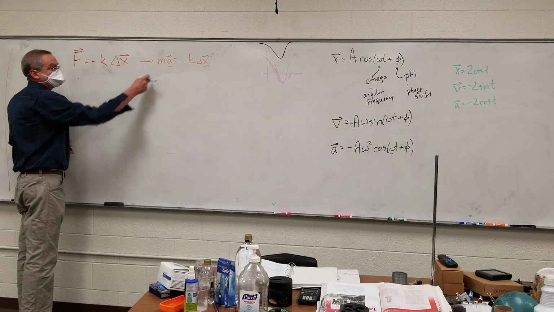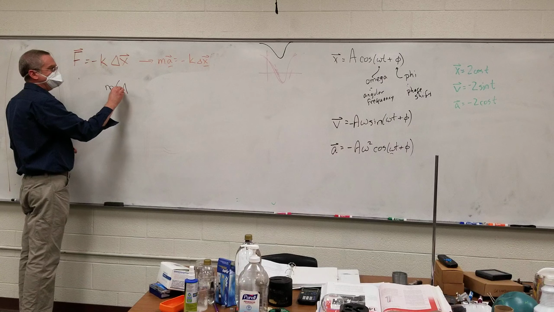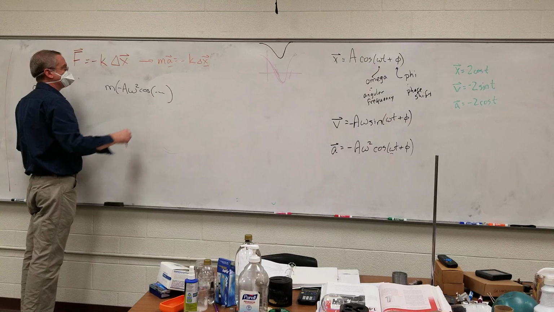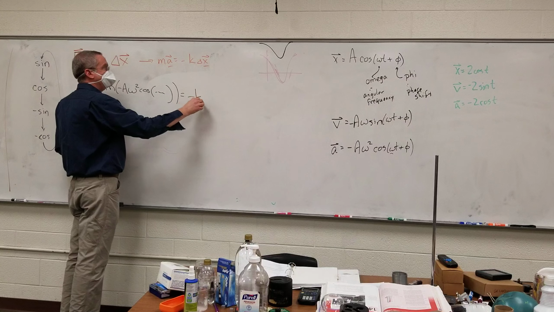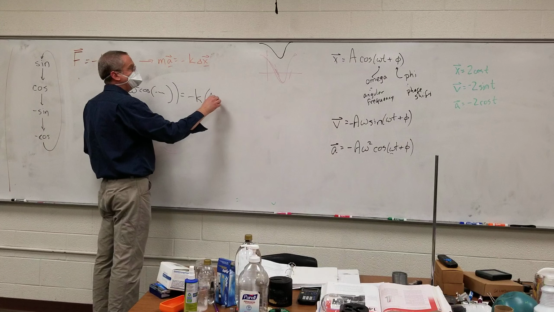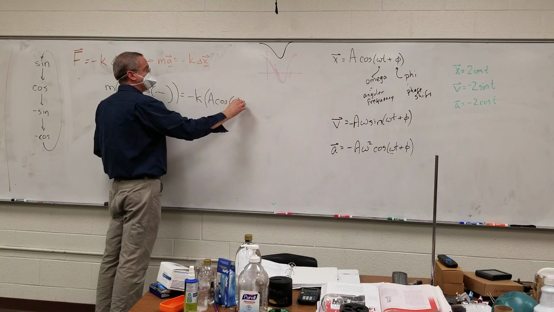So if I plug my acceleration in there, that becomes m times negative A omega squared cosine of that stuff equals negative k times my position graph, A cosine omega t plus phi.